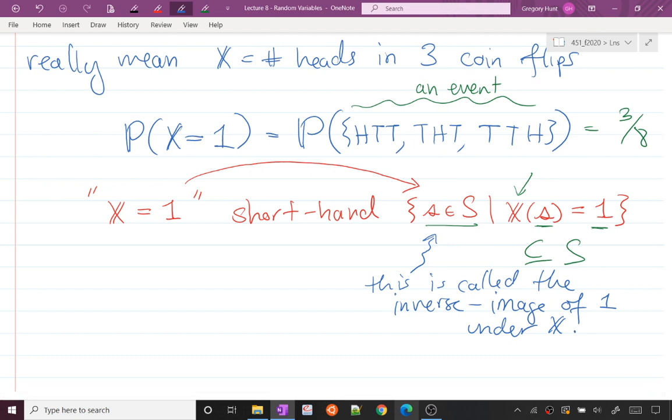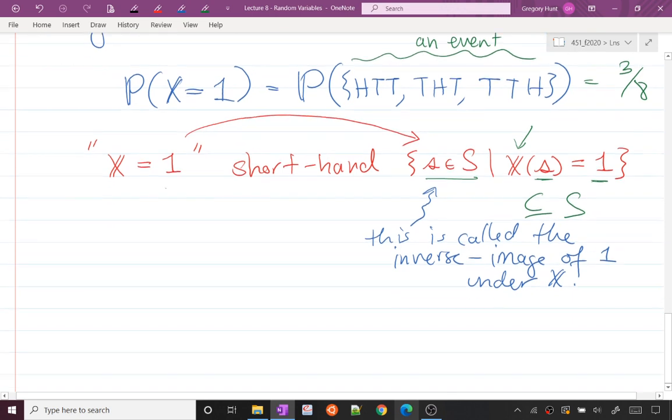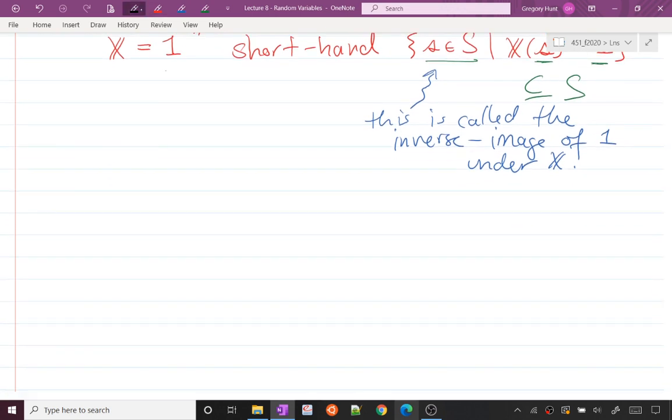You thought you escaped 214. Unfortunately, I'm not going to use them too much, but if you ever have to really think about this, this is the proper way to do that. Occasionally, and certainly for a course like this, it's good to know exactly what we mean. So this thing is called the inverse image of 1 under x. That is, to say x is equal to 1, we really mean this event. We really mean the inverse image of 1 under x. Let's do a real quick review of inverse images.